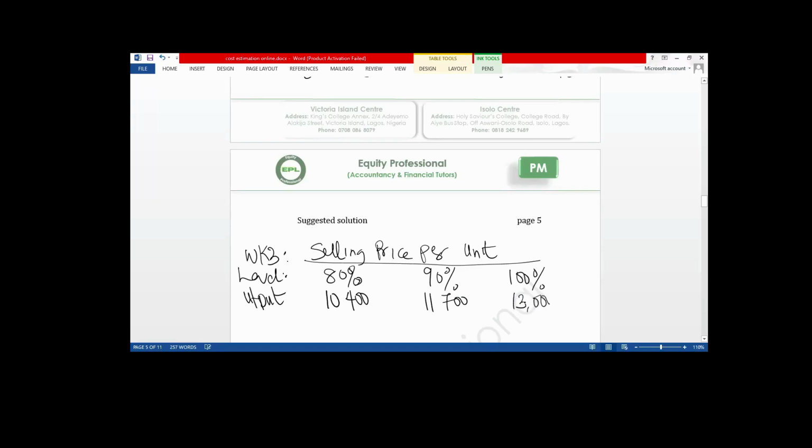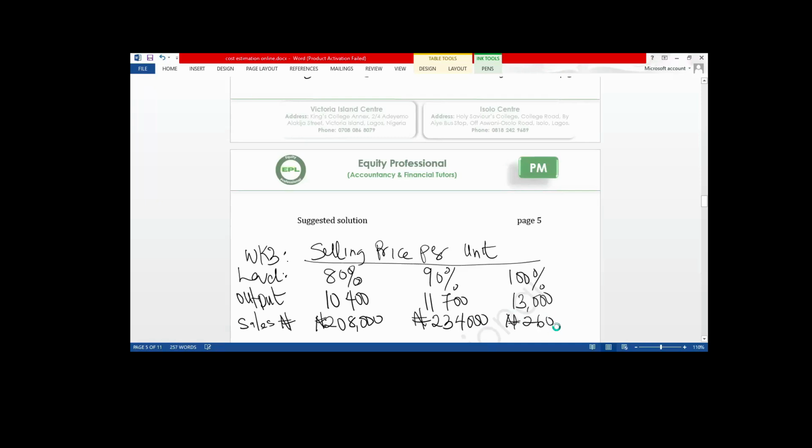Please, what is the sales value at each of the levels given? 208,000 for 80%, 234,000 naira, and 260,000.